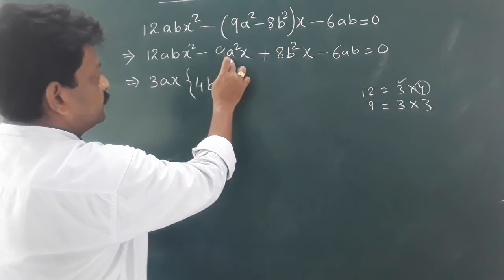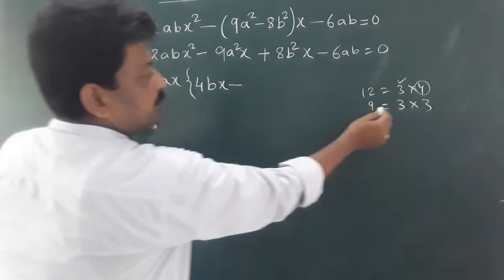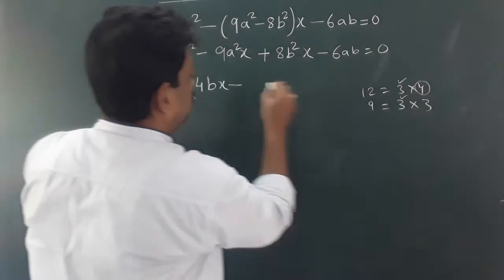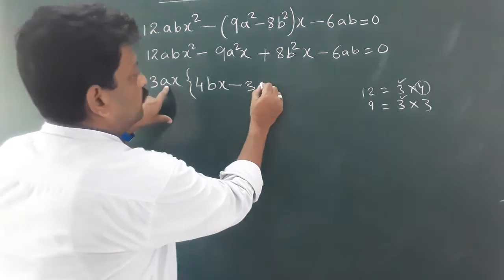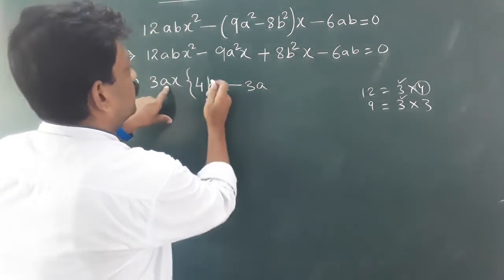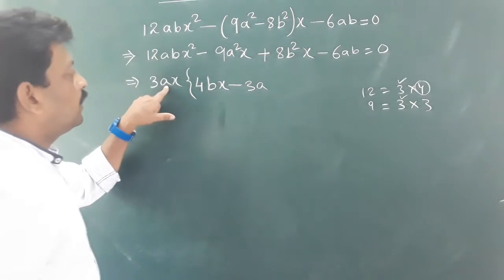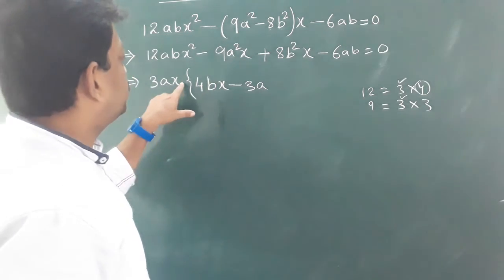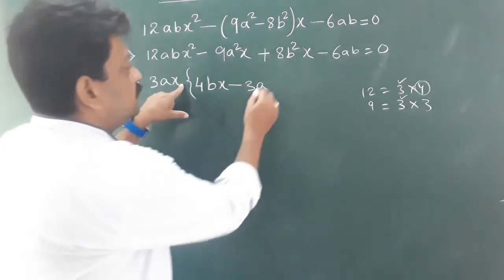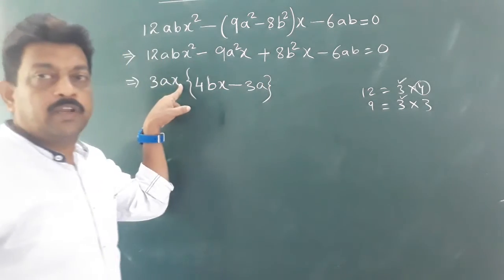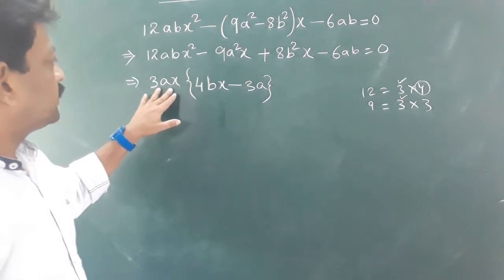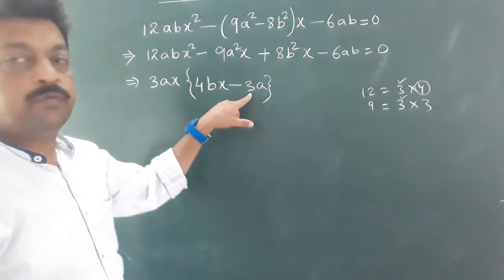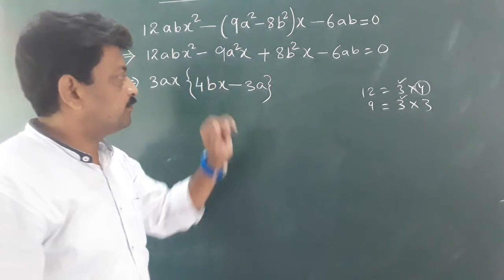From 9 I have taken 3 common, so one more 3 will be left. From a square I have taken a common, so one more a will come. And x is taken common, so only this thing will be inside the bracket. From 9a square x I have taken 3ax common, so the left part will be 3a.